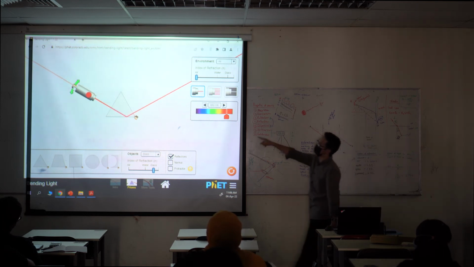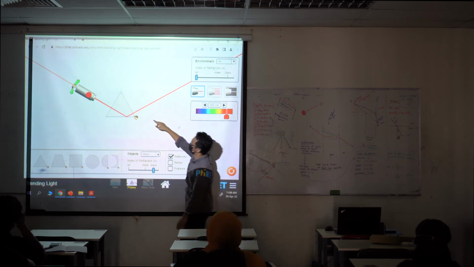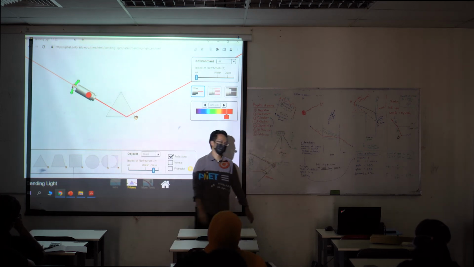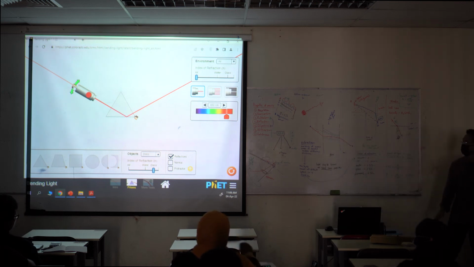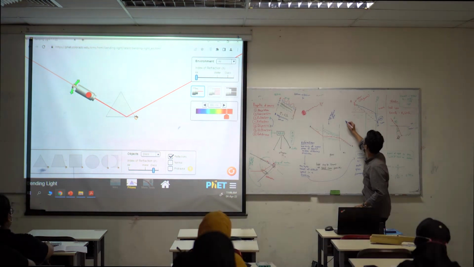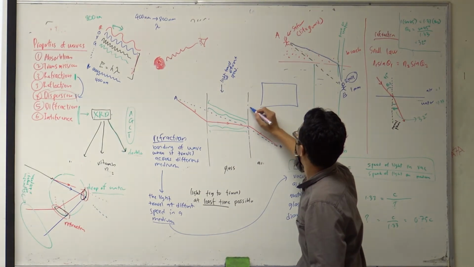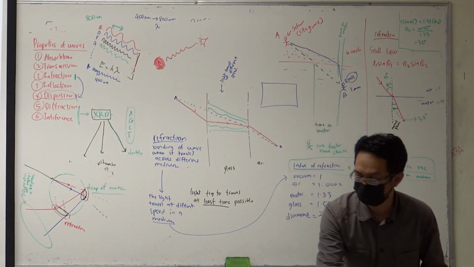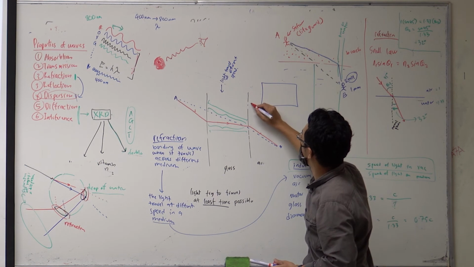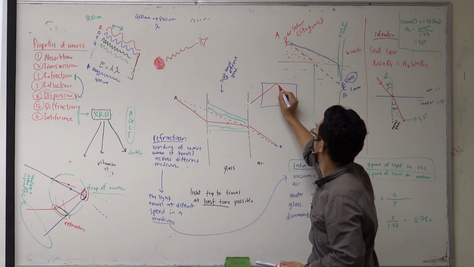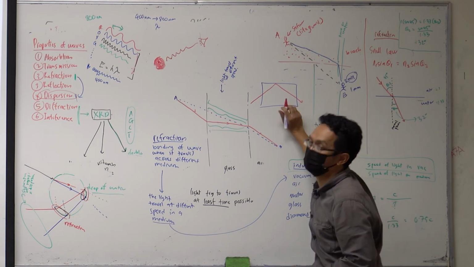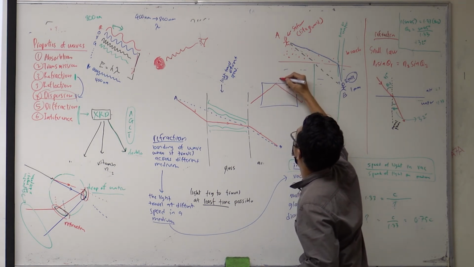This is what we call total internal reflection. When you shine light onto glass or some other different medium, it goes here and then it is totally reflected, meaning there is no refraction happening here.